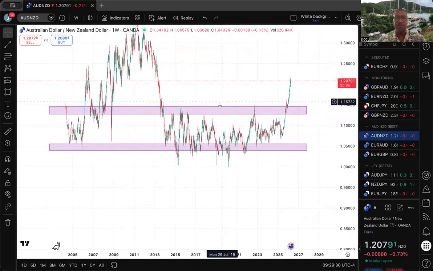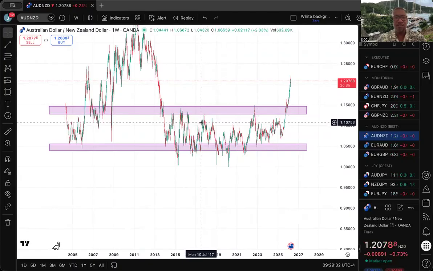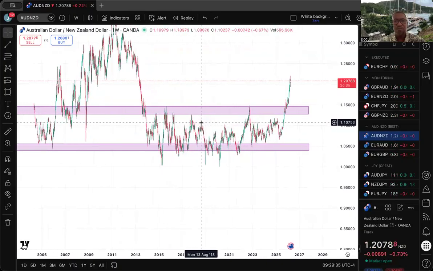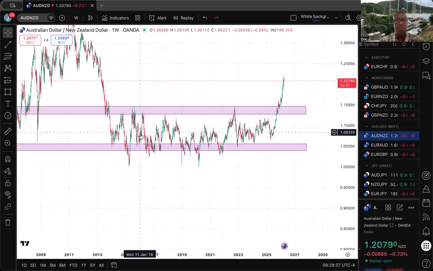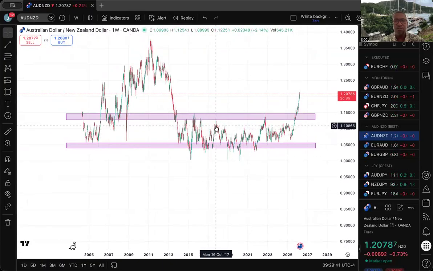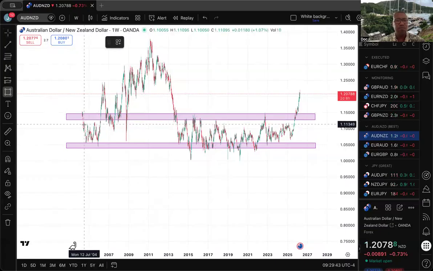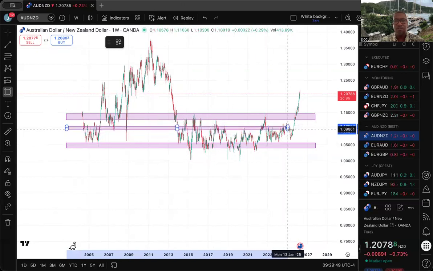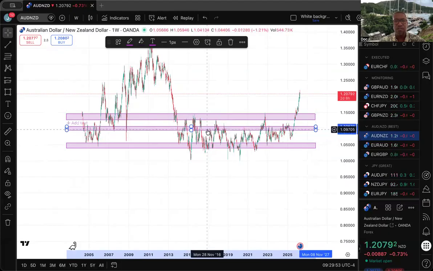You also have some smaller area of interest here. So you can, if you want to, place a rectangle there.